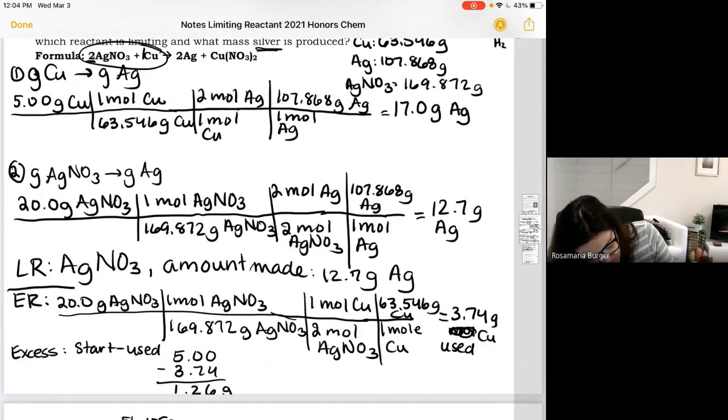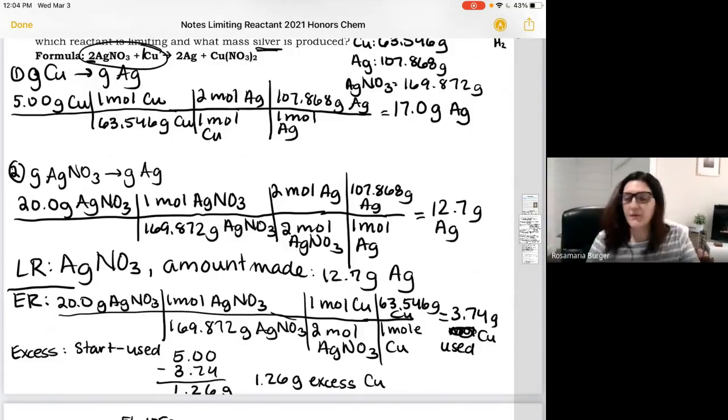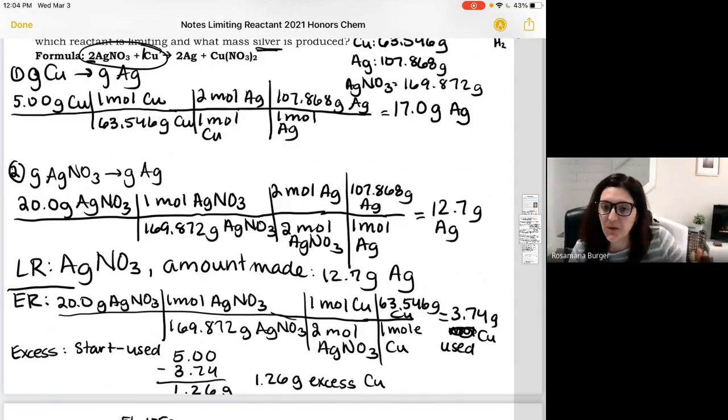So we have 1.26 grams of excess copper. Okay, so again, let's try and sound smart, and hopefully Mrs. Berry can say it correctly. When 5 grams of copper and 20 grams of silver nitrate are reacted, 12.7 grams of silver are produced, and we have 1.26 grams of excess copper.